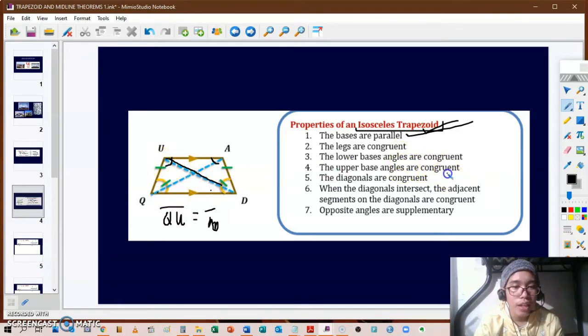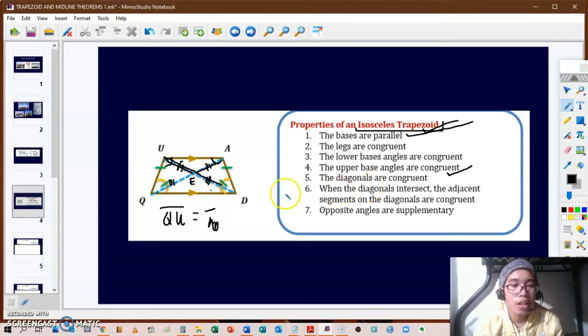And when the diagonals intersect, the adjacent segments on the diagonals are congruent. What does that mean? Let's say we have point E at the middle. That means UE is congruent to AE, and QE, let's put 3 markings on that, is congruent to ED.